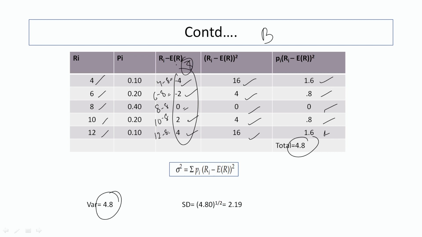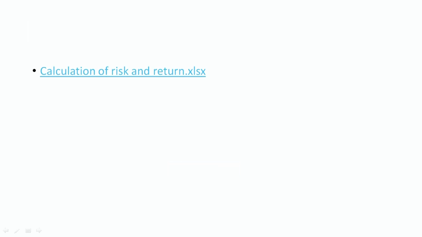If we put it in the formula, this formula is the same. Now, standard deviation, we have to take the square root of 4.8, we get 2.19. Now see this particular thing, Company A and Company B. Company A has an expected return of 8 and Company B also has an expected return of 8.